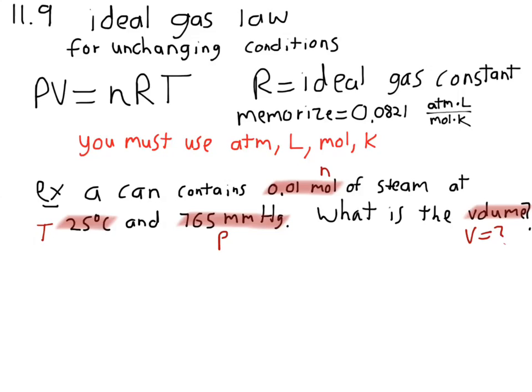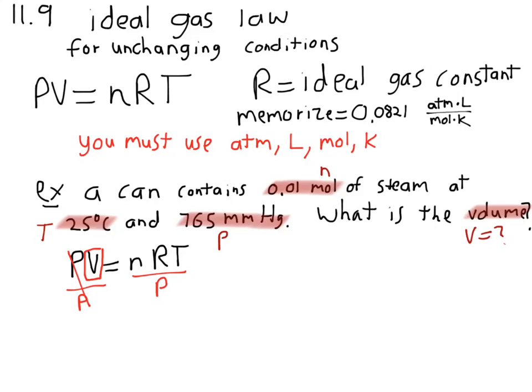So once you identify that the problem only has one of each gas measurement, you know that the equation is the ideal gas law, PV equals nRT. We're trying to solve for V, so I'm going to divide by everything that is with the V, which is the P. So the P's cancel out on the left side, and my equation is V equals nRT over P.